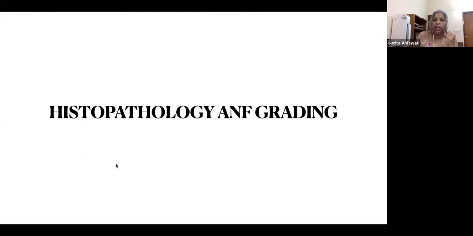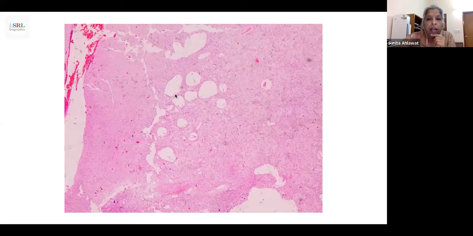So briefly on the histopathology and grading of IDH mutant gliomas. I have shown you pictures in the last class of the morphology and basic IHC of astrocytomas.